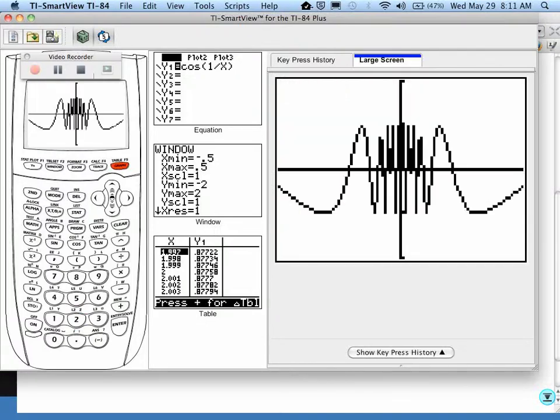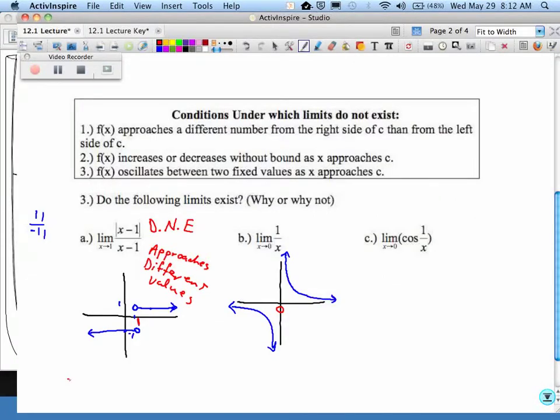This is actually an example of rule number 3. It does not exist. It oscillates.